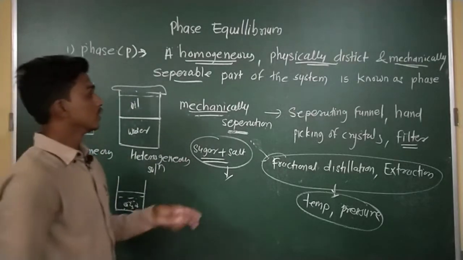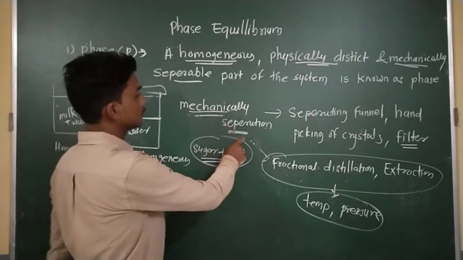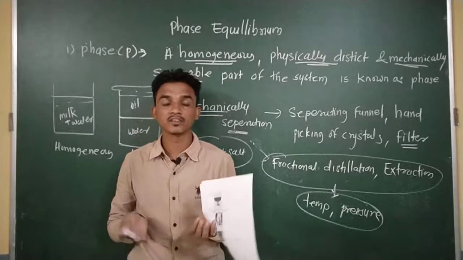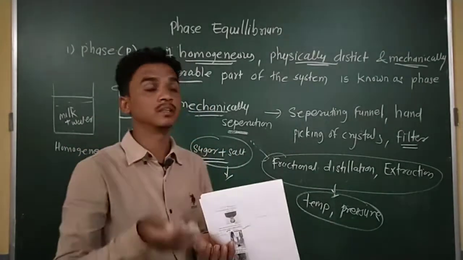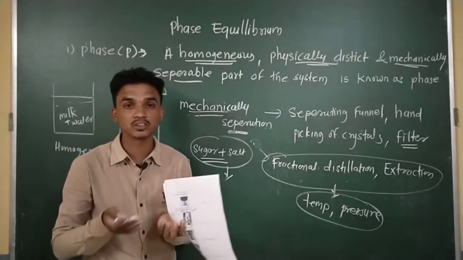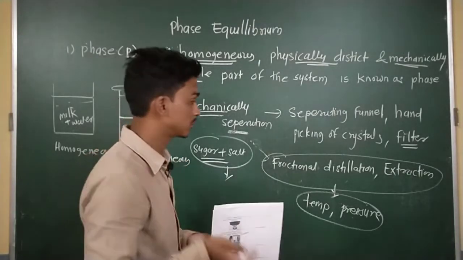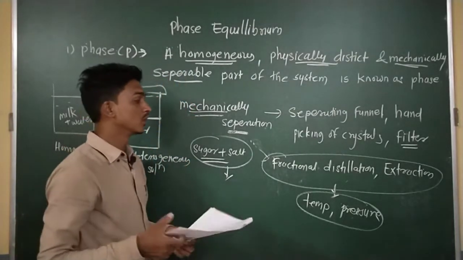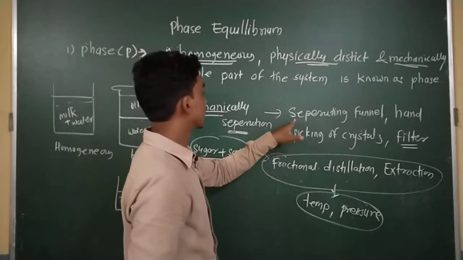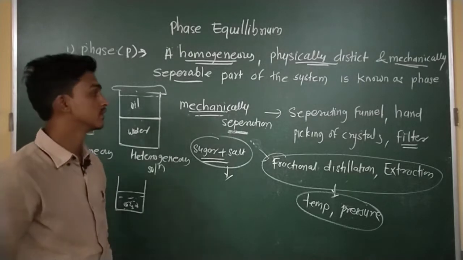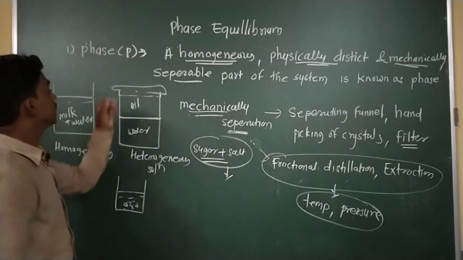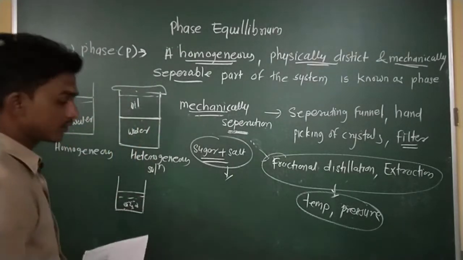Okay, so mechanical separations mean what? We don't require any temperature, or we don't change the temperature and pressure of the system. Those separations we will say are mechanical separations. Okay, so this is the definition of phase.